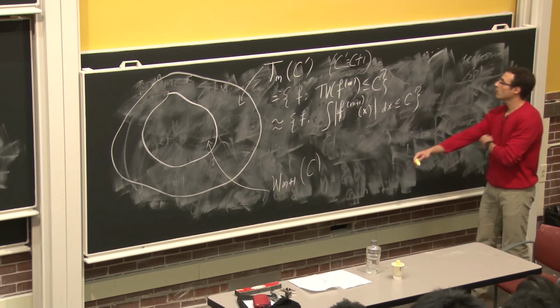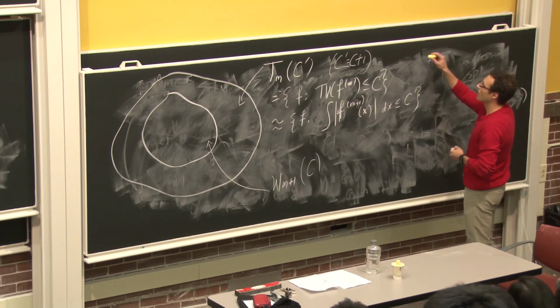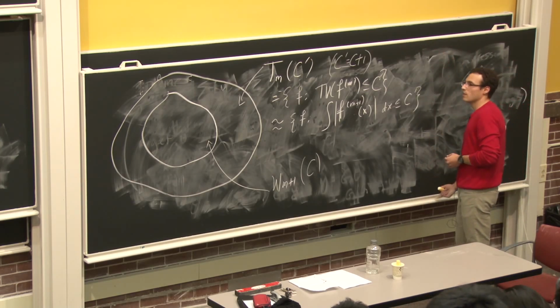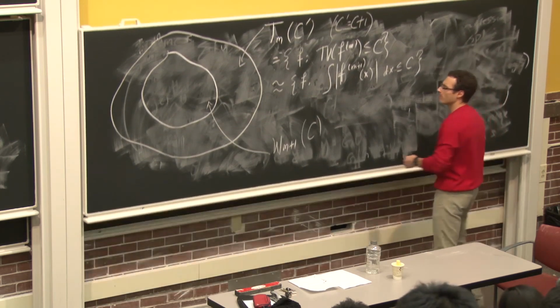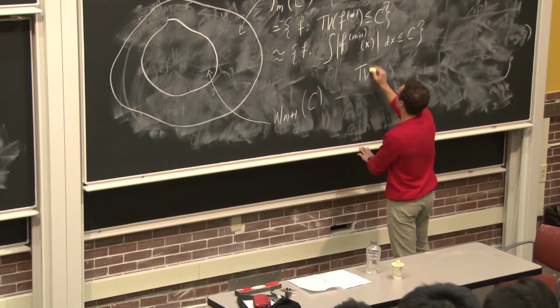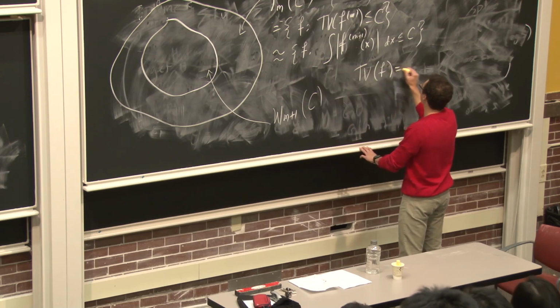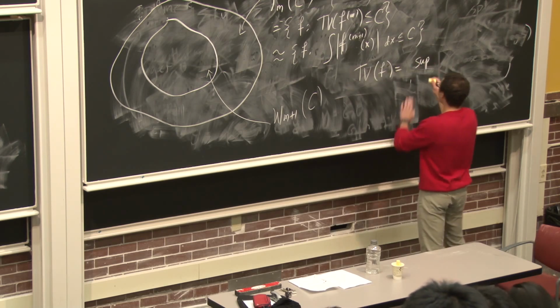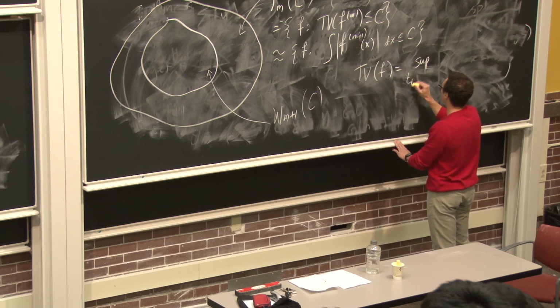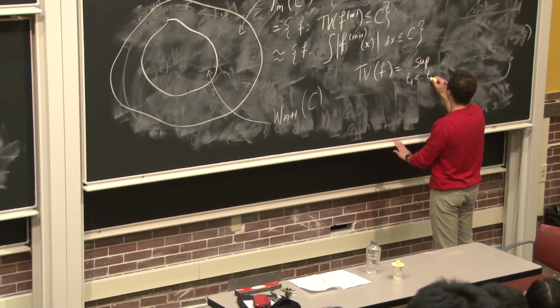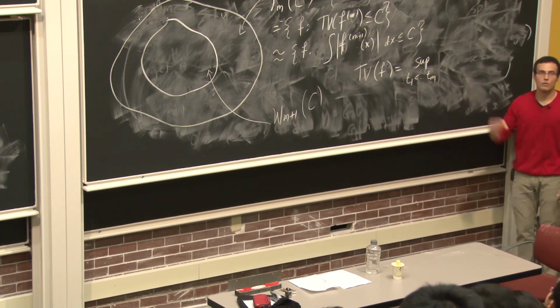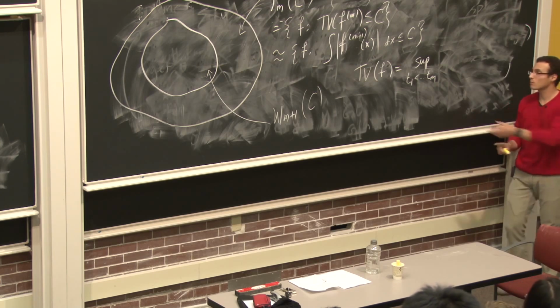Total variation, formally, let me just define it for you. If you give me a function, let's call it f, its total variation is the supremum over all possible partitions and numbers of partition points.